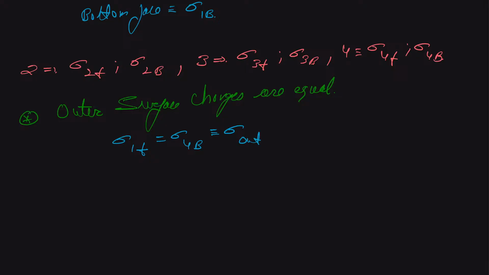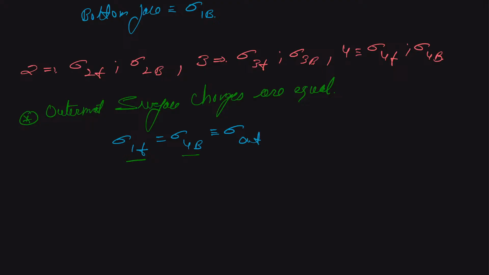Okay, so let me rephrase it. This is our outermost. And so, if we use our Gauss law pillbox concept, we can also write that our same sigma 1 top will be equal to sigma 4 bottom.